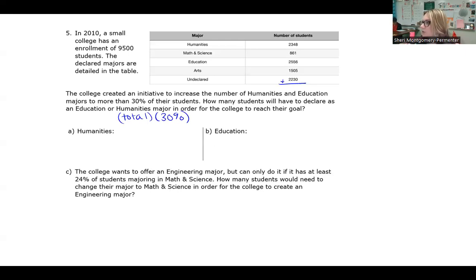So how many total students are there? 9,500. Very good. So if we want to find out 30%, we have to take 9,500 and then multiply it by 30% as a decimal, so 0.30. We need to figure out how many is that.